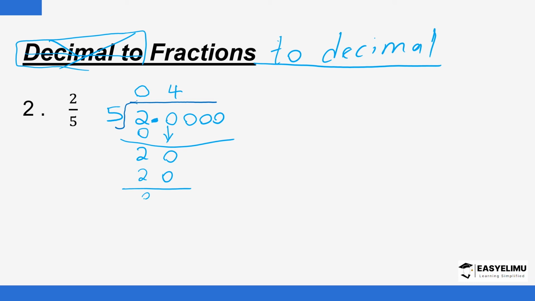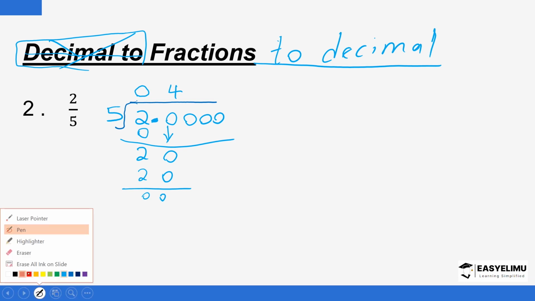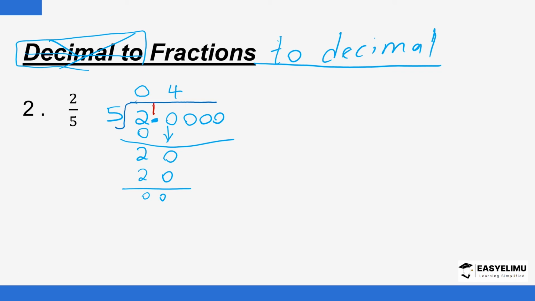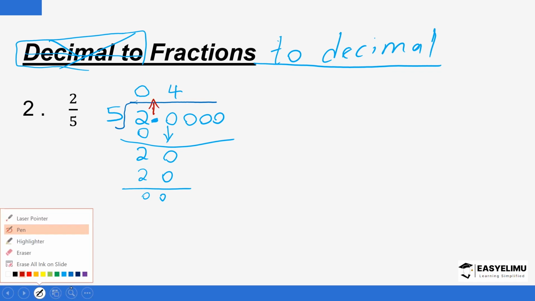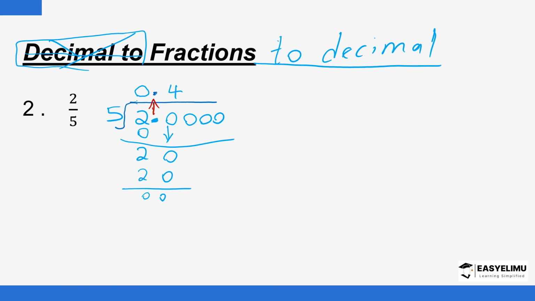And if you subtract, that is 0, 0. If you don't know how that is done, you can check our previous videos. And then the decimal point jumps up there. So we have 2 over 5 as 0.4. So 2 over 5 is equal to 0.4.